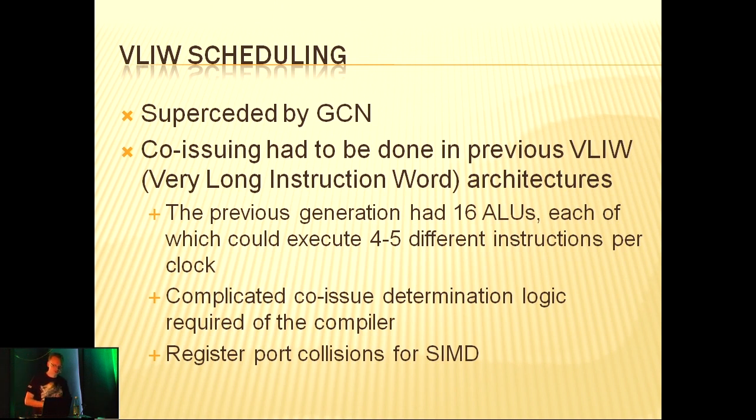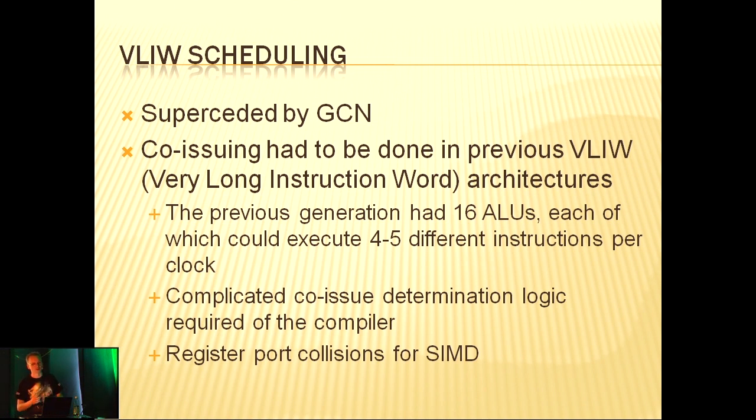So basically, the structure was very different. It has 16 different lanes. Each lane could execute 4 to 5 different instructions per clock, and these had to be from the same wavefront. So the compiler had to find out which instructions were co-issuable and then co-issue them in the pipeline.